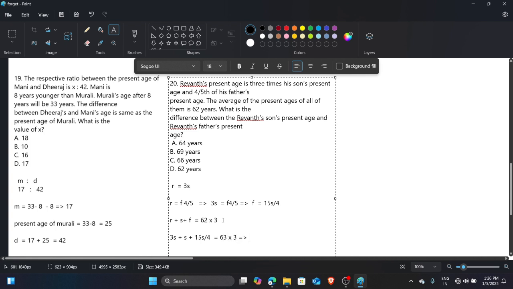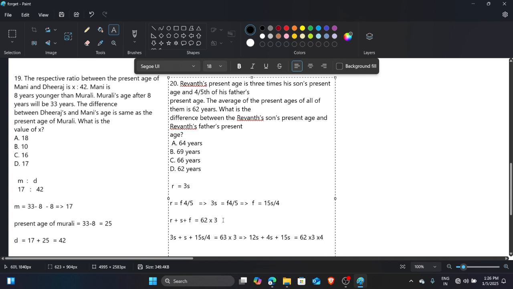So we take the LCM of 4 and change its side, so it is 12s plus 4s plus 15s equal to 62 into 3 into 4.